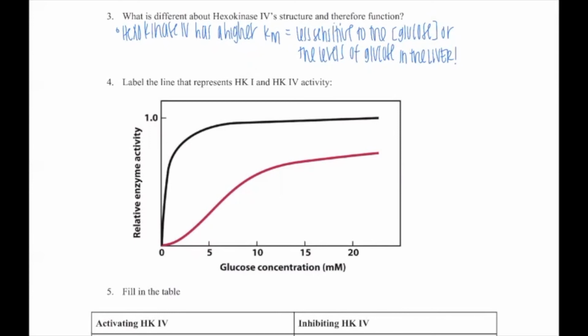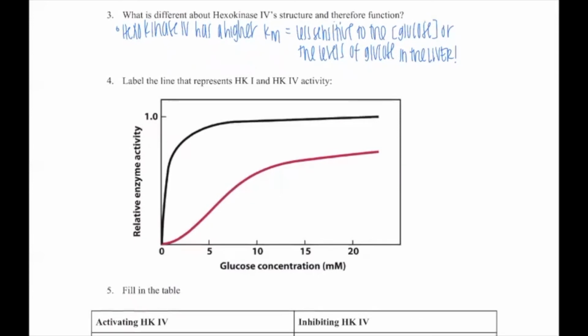So with that information, we can label this one as hexokinase 1 and this one as hexokinase 4, right? Because hexokinase 1 just needs a little bit of a glucose concentration and then it starts working. Well, hexokinase 4 needs kind of a higher concentration of glucose and then it can start to begin working.